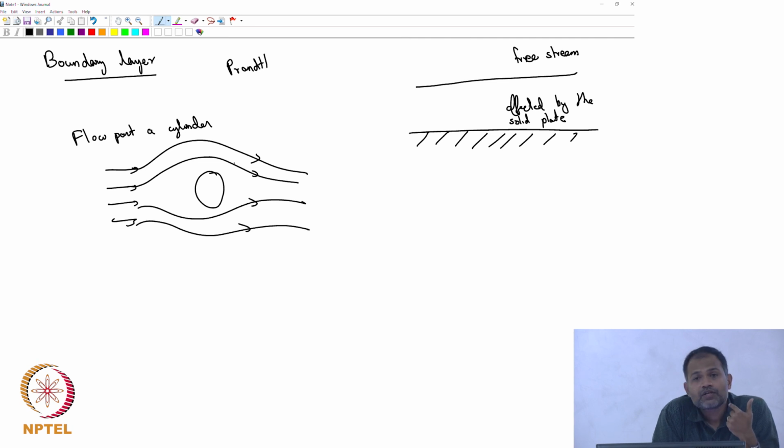Now people thought, okay, we will calculate these forces. And when they tried to compare experiments with Bernoulli's equation, they found that they are able to predict lift forces very accurately, but not drag forces.